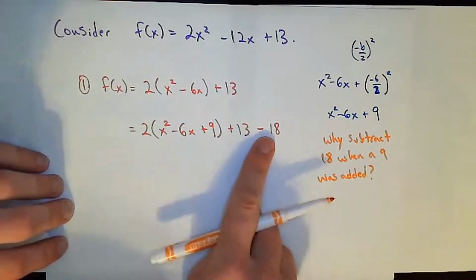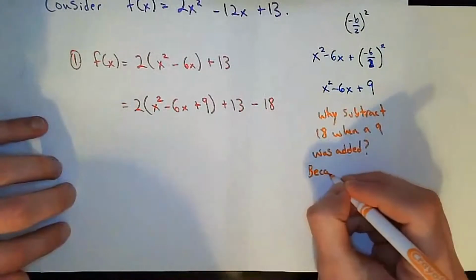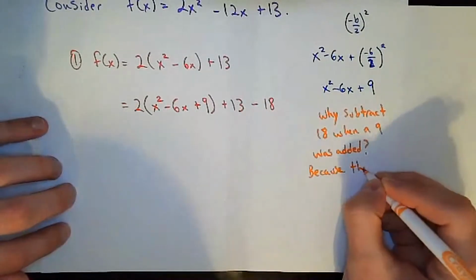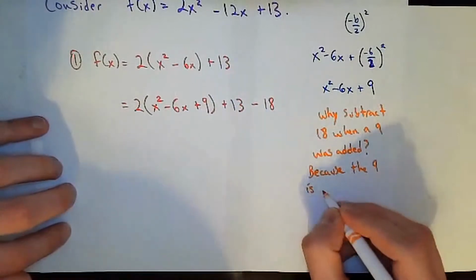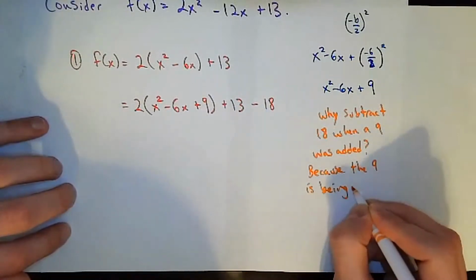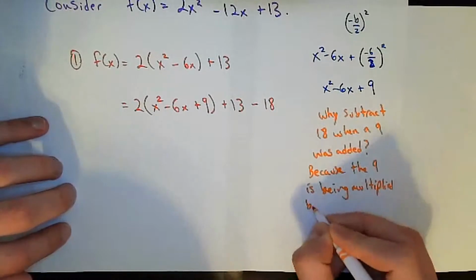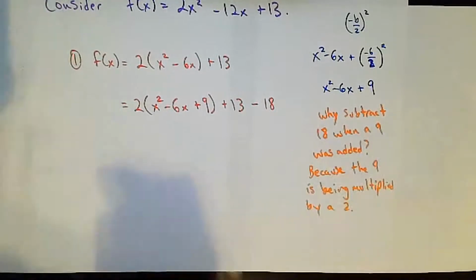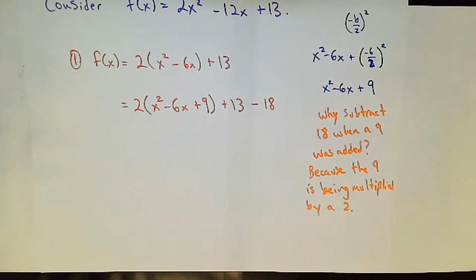I added a 9, so why aren't I subtracting 9? Because the plus 9 in there is being multiplied by a 2. The 9 is being multiplied by a 2.